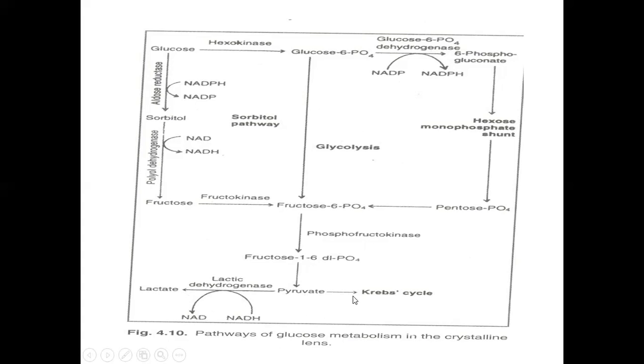This confirms the Krebs cycle. Again, another one is the direct pathway, the aldose reductase enzyme, which helps convert NADPH to NADP in the sorbitol pathway, and from there they produce fructose.